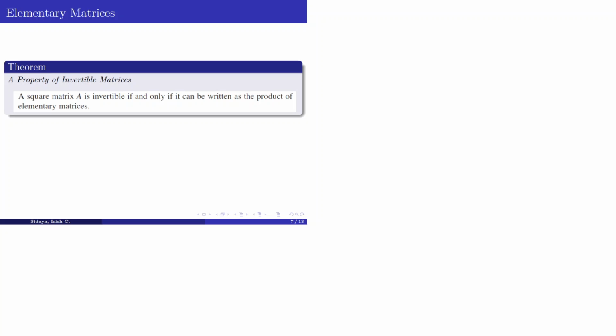Next, we have a property of invertible matrices. A square matrix A is invertible if and only if it can be written as the product of elementary matrices. Let us consider this next example. Find a sequence of elementary matrices whose product is the non-singular matrix A. Let us start by finding the corresponding sequence of elementary matrices to rewrite this matrix A in reduced row echelon form.